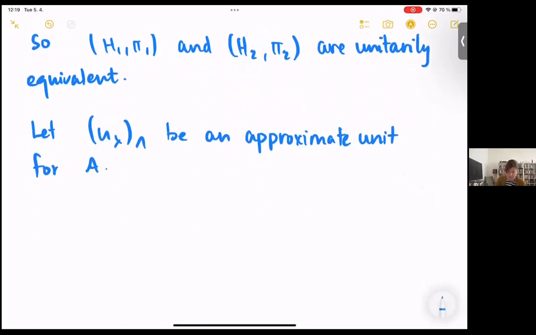Well, we know that u pi_1(u_lambda) psi is just going to be, by definition of u, pi_2(u_lambda) mu.